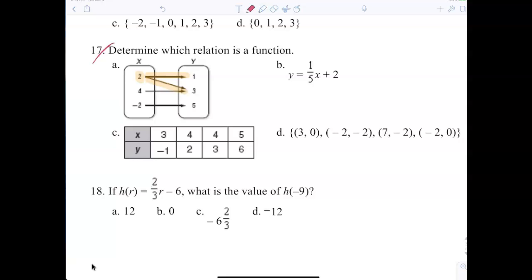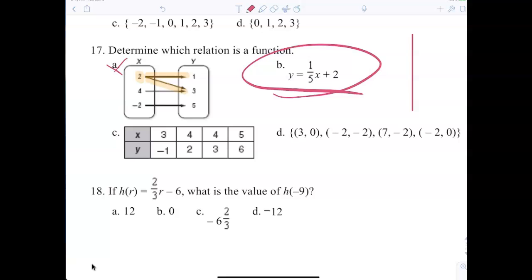So now, B is the equation of a line. We know that the equation of a line is a function. All right, the only line that's not a function is the vertical line. All right, but all other lines are functions. It has nothing to do with the y's.